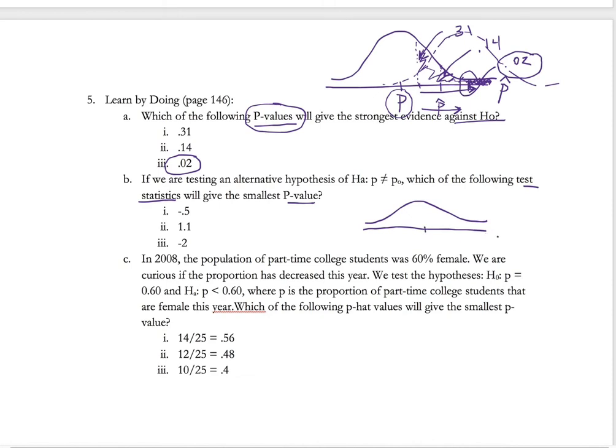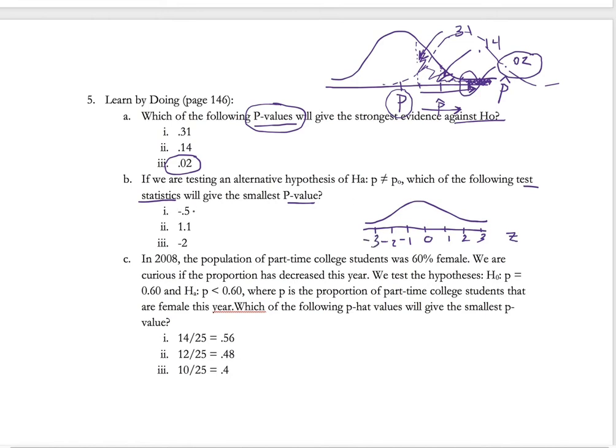Test statistics talk about z-scores. They talk about how many standard deviations from center you are. So let's think about this axis being scaled with our z-scores. It would look something like that.